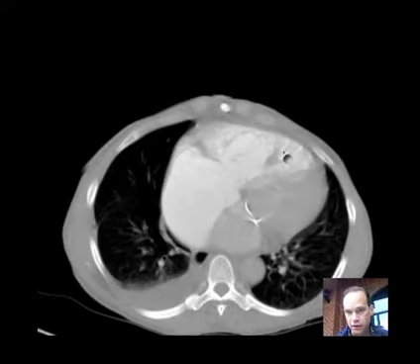So, once again, here we have enlargement of the right side of the heart, and in this case, it's because of right heart failure, inability of the right heart to keep up with the blood flowing into it.